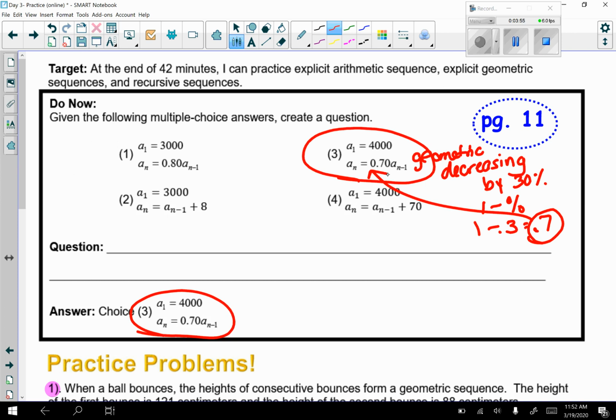So you could say something like the value of a used car depreciates by 30% each year. A ball is bouncing and only reaches 70% of its height, something like that. You also want to refer to that 4,000 as well.